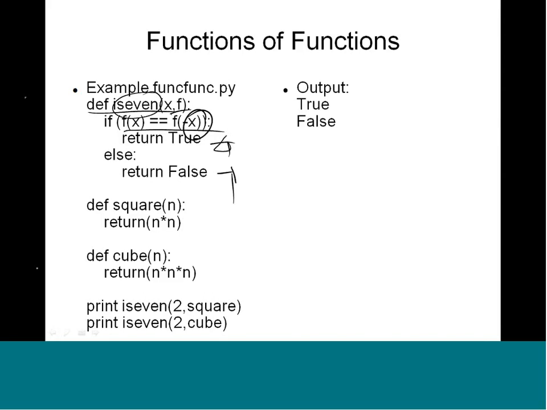And how do we determine this? It's because we now do a square. So we are defining another function called square(n), which returns just the multiplication. And then we also define another one called cube, and that returns n times n times n. So now we say, okay, print is_even(2, square), and then print is_even(2, cube).